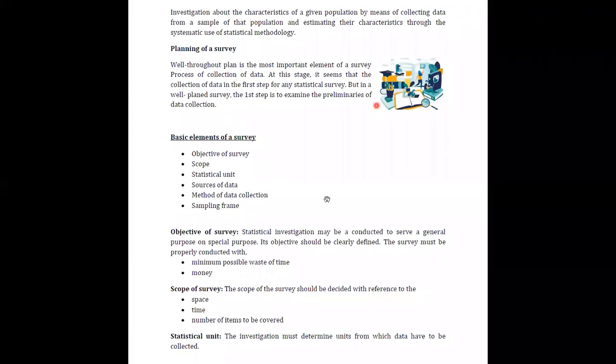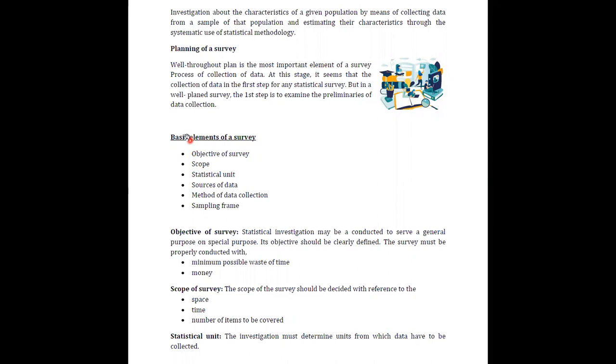First, I have listed six basic elements of any survey, and later I will elaborate on each and every element which I have mentioned here. Therefore, we can consider these six elements as the most basic elements of any given survey.